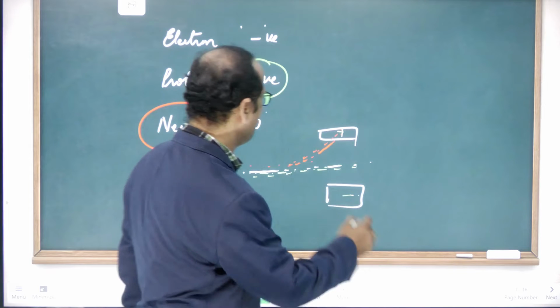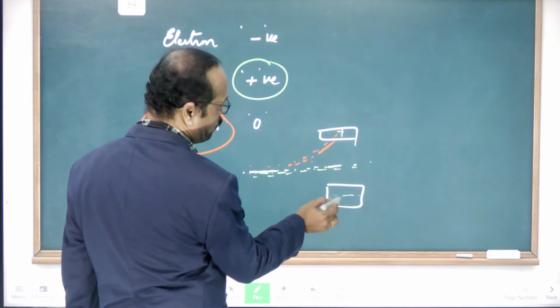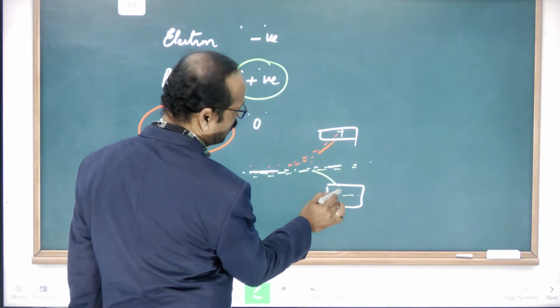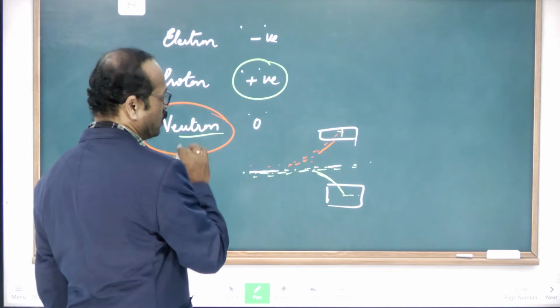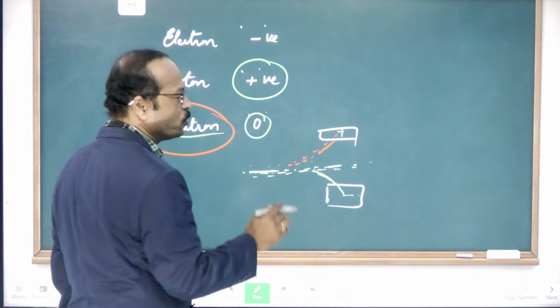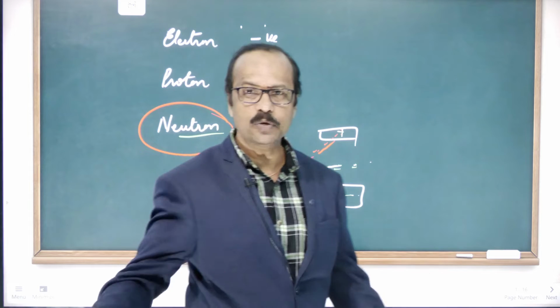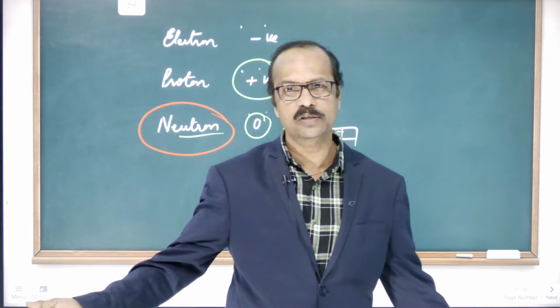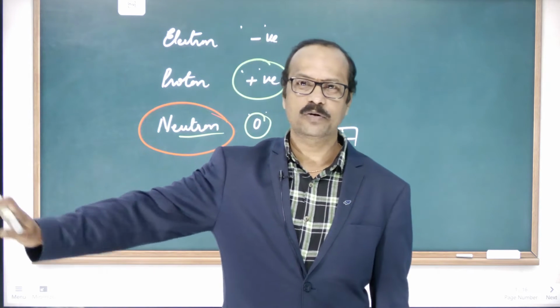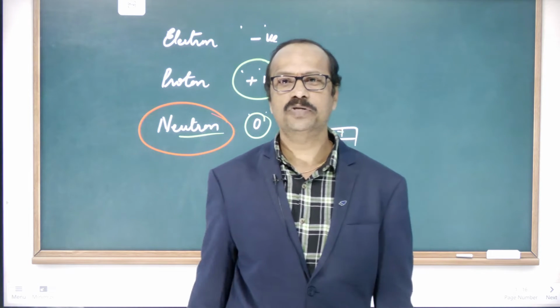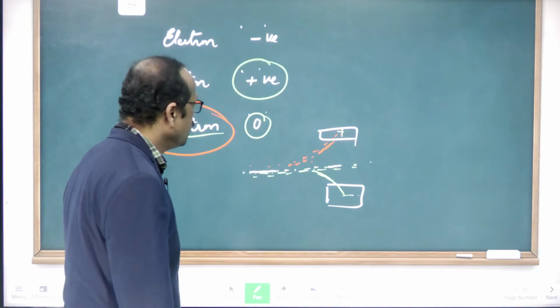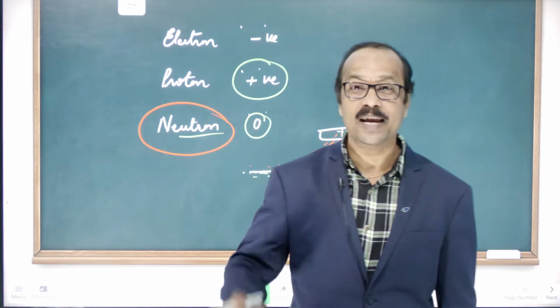So this positive repels, but positive and negative attract, so the rays will deflect like this. Now see the neutrons. Neutrons are neutral, they don't have any charge, so they do not deflect towards either positive or negative, they go straight. So the answer is neutron.